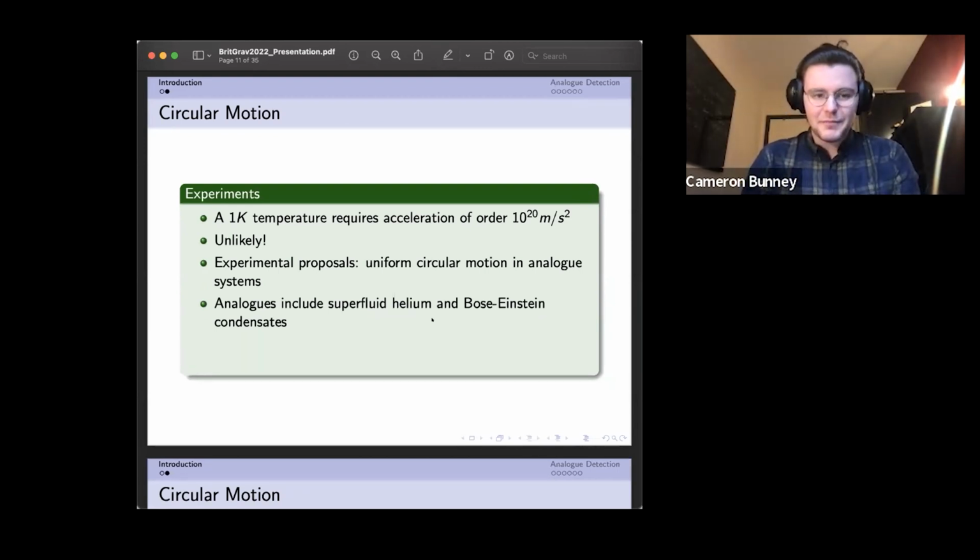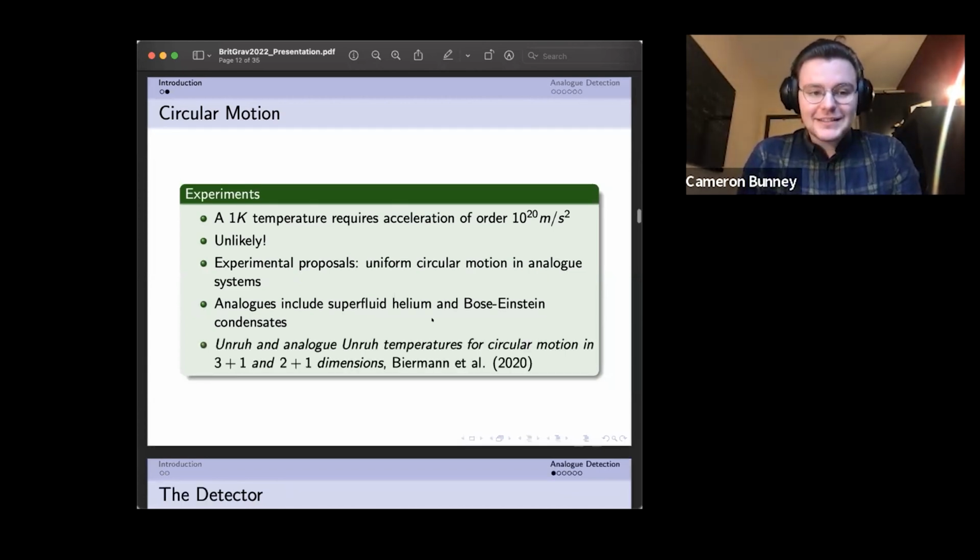Such experiments are being built, so superfluid helium at University of Nottingham and a BEC experiment at Technische Universität Wien are both being considered. And at the moment, in terms of uniform circular motion, the theory behind it, a good reference for the current understanding of this is in this paper by Biermann et al.